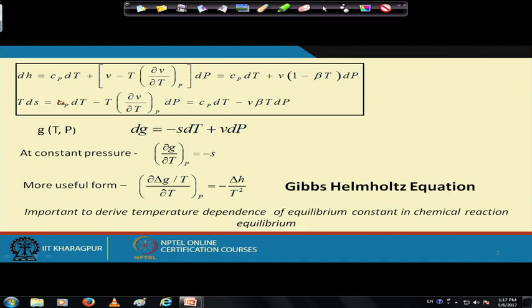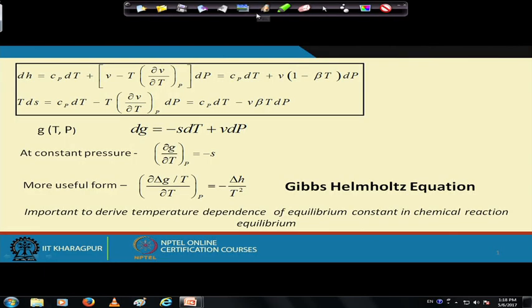In each case we are trying to relate different properties in terms of the PVT behavior of the gases, where we came to realize the importance of the PVT behavior of the gases.